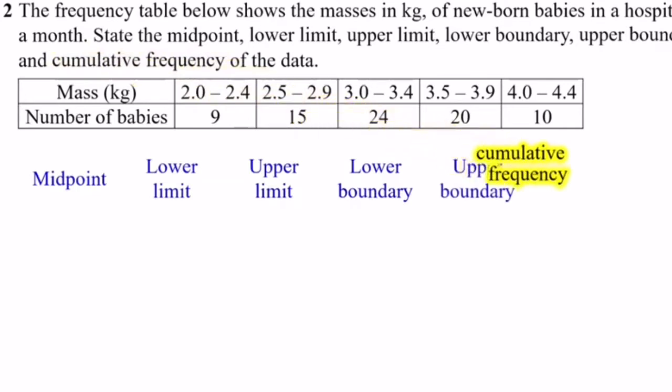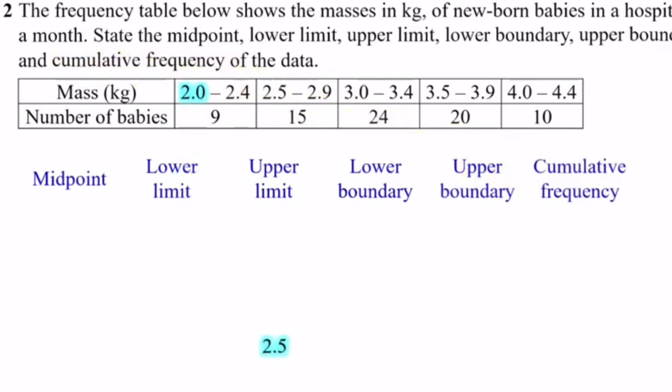The last column is cumulative frequency. We will start with the midpoint and then followed by lower limit, followed by upper limit. Let's see how to find the midpoint.